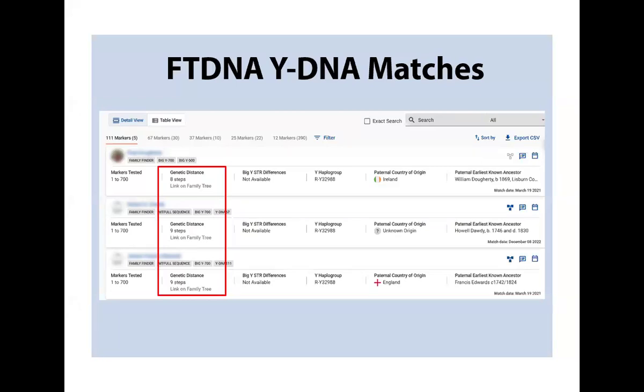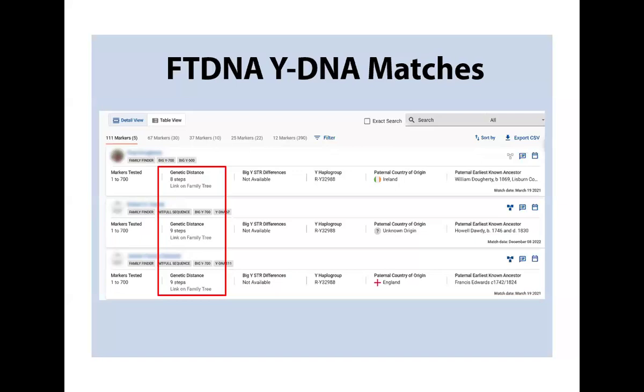The reason why is genetic distance is really looking at the level of mutation and differences between matches. So you want as close to 0 or 1 as possible for those really close matches you're trying to identify. Now, if you're looking at someone that could be going back into, let's say, the 1700s, 1600s, you might be able to go out a few steps of what they call genetic distance, where it might be more consistent with what you're looking for.